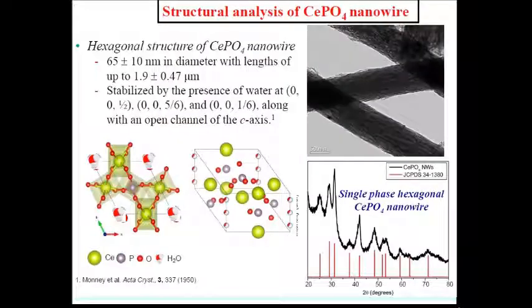So in terms of the actual structure of cerium phosphate, it is stabilized by water molecules. I have a single phase of hexagonal cerium phosphate wires, and my quantum dots are basically localized on the external surface of my cerium phosphate nanowire platform. And the way that this particular quantum dot immobilizes onto my cerium phosphate is by means of hydrogen bonding.